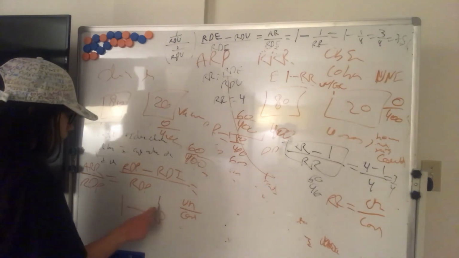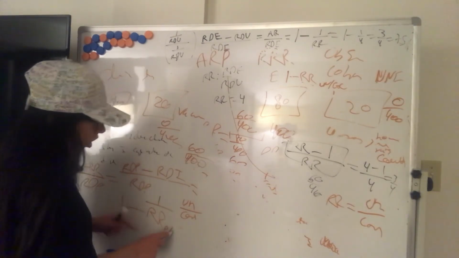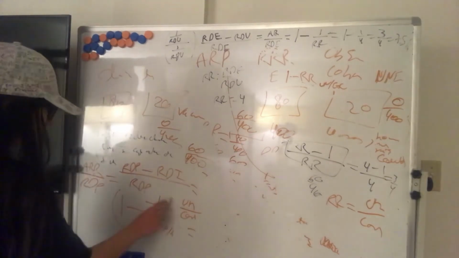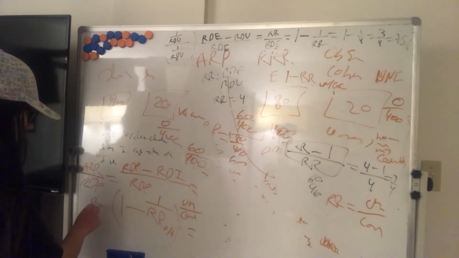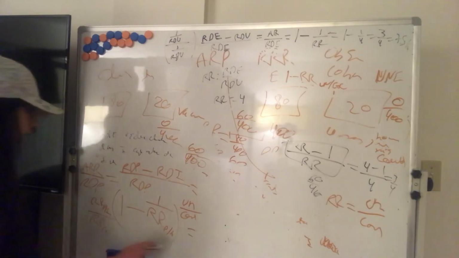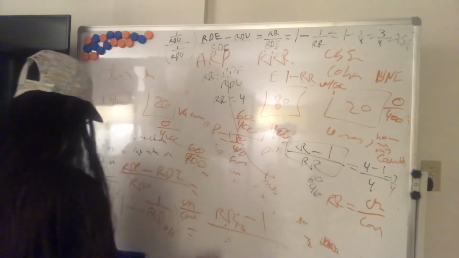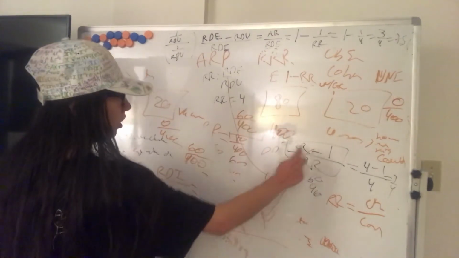So you would put 1 over the relative risk of the placebo group to the intervened group, and then you can multiply this by the relative risk of the placebo group to the intervened group divided by the relative risk of the placebo to the intervened group, and you would have the relative risk of the placebo to the intervened group minus 1 divided by the relative risk of the placebo group to the intervened group. And this is exactly the same shape of formula.